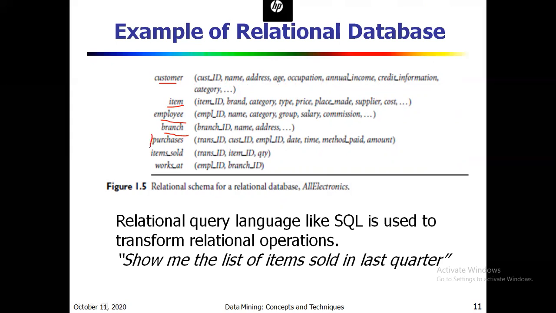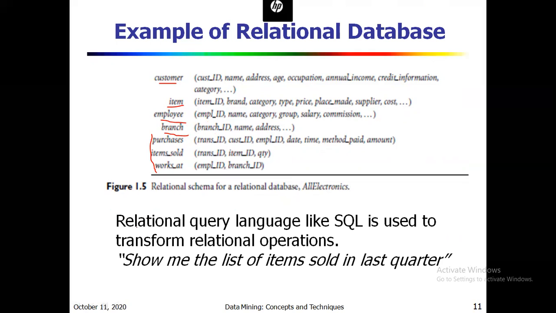Now these three are the relational schema which keeps a record of purchases and items sold, and the salesperson selling these goods. So you can keep track of all these relational schemas.